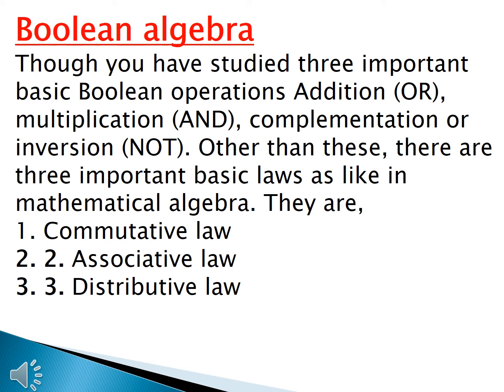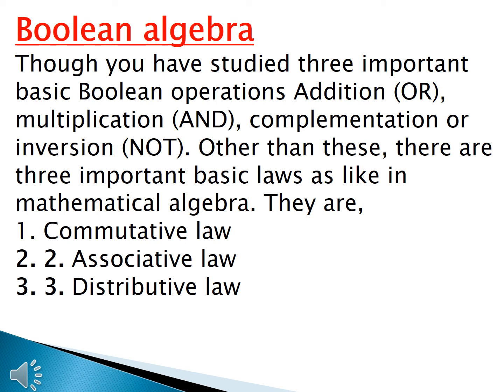Similarly, we can apply the commutative law in multiplication: A into B equals B into A. Suppose we have two inputs and we apply an AND gate, the output becomes A into B. Now with inputs B and A, the result of these two is AB equals BA. This is the commutative law in multiplication.